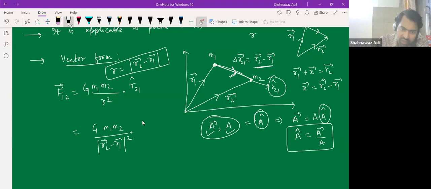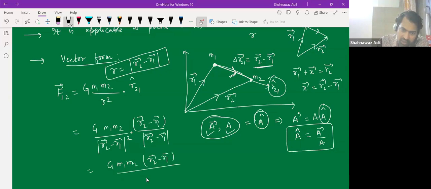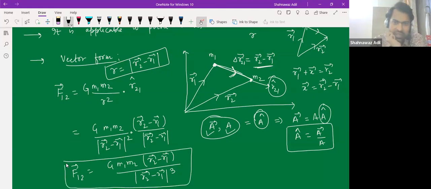That would be the vector, divided by its magnitude. So that is why this is a square, this is 1. So this would be G M1 M2, R2 minus R1 divided by this magnitude whole cube. So this is the vector form of Newton's law of gravitation, right? Is this clear, guys?